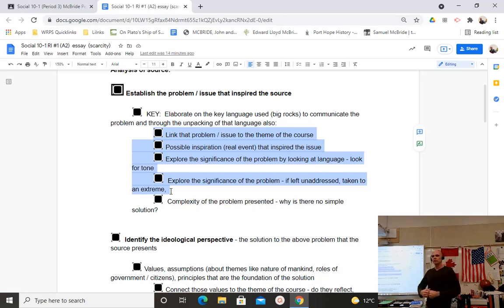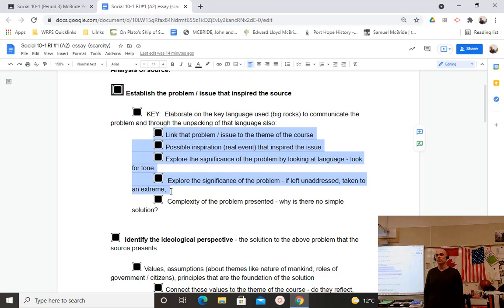The significance of the language is things like immediate, right? This is an immediate challenge. If left unaddressed, we know that extreme poverty leads to death. This is where you could end up researching some unfortunate statistics. You know, a child every 5 seconds dies because of poverty, because of lack of clean water, lack of food.